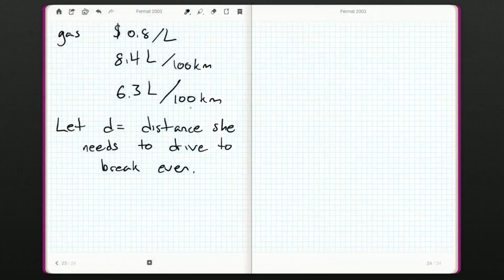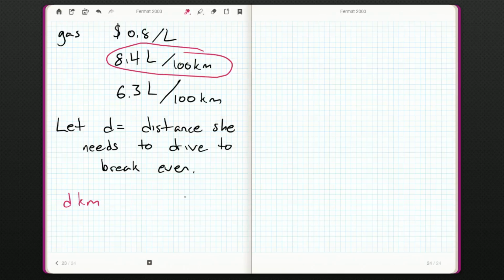So, if she had just kept with the, we'll use red for it, not modifying her car, so her less fuel-efficient engine, how much would it have cost? So it'd be D kilometers. So we need to find a way to cancel out those kilometers and turn it into money. So D kilometers times 8.4 liters per 100 kilometers.